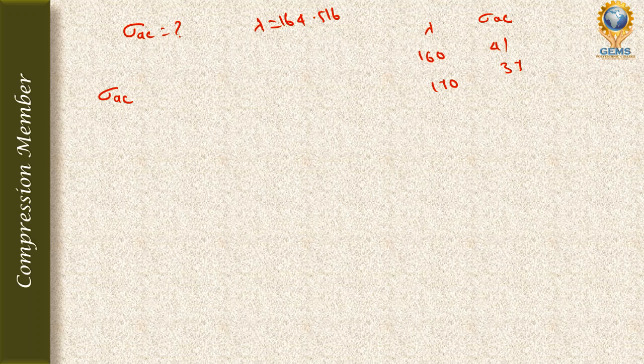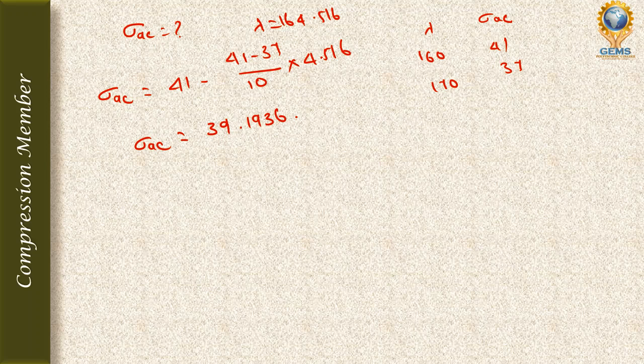So sigma AC is equal to 41 minus (41 minus 37) divided by 10 into 4.516. So our sigma AC is equal to 39.1936.